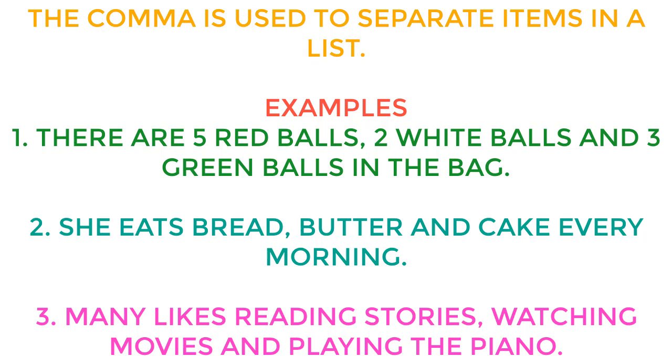There are 5 red balls, 2 white balls, and 3 green balls in the bag. Example 2. She eats bread, butter, and cake every morning. Example 3. Mary likes reading stories, watching movies, and playing the piano.